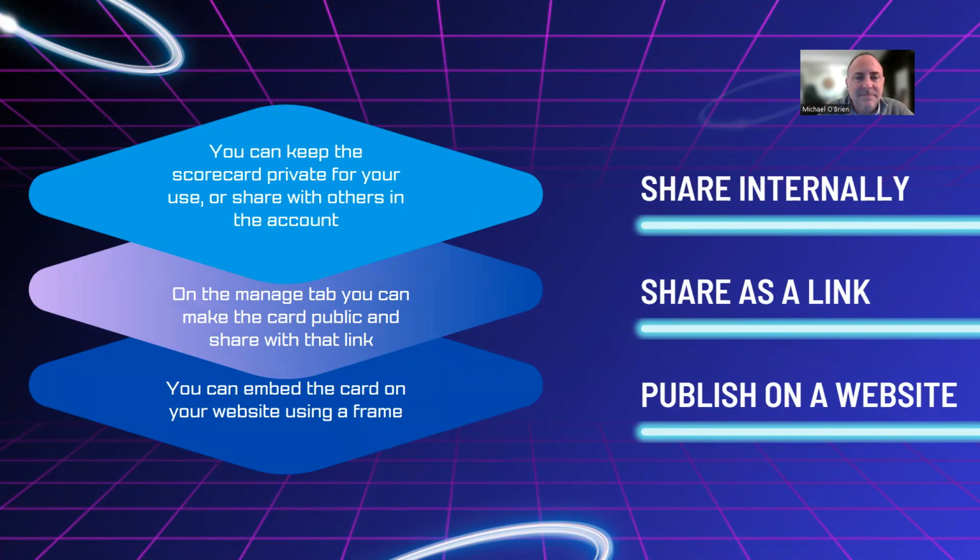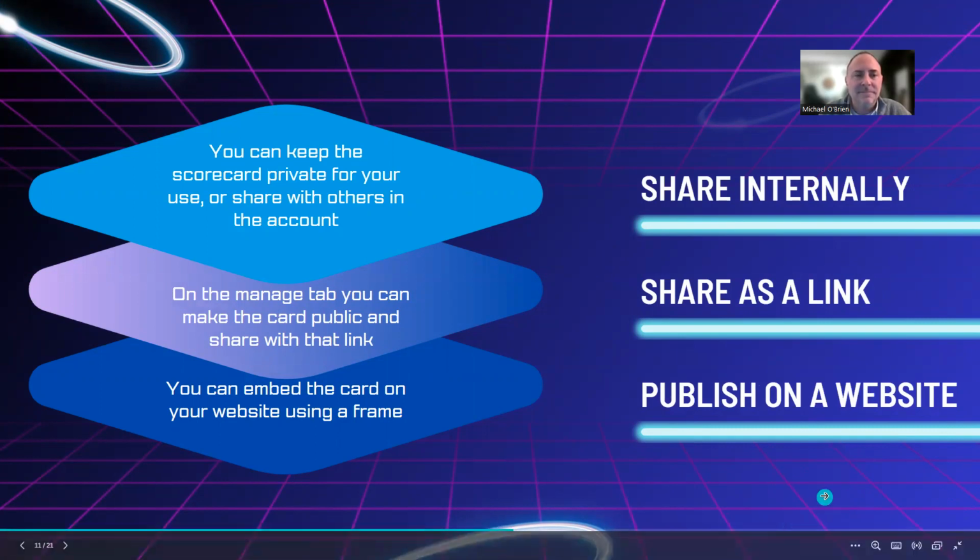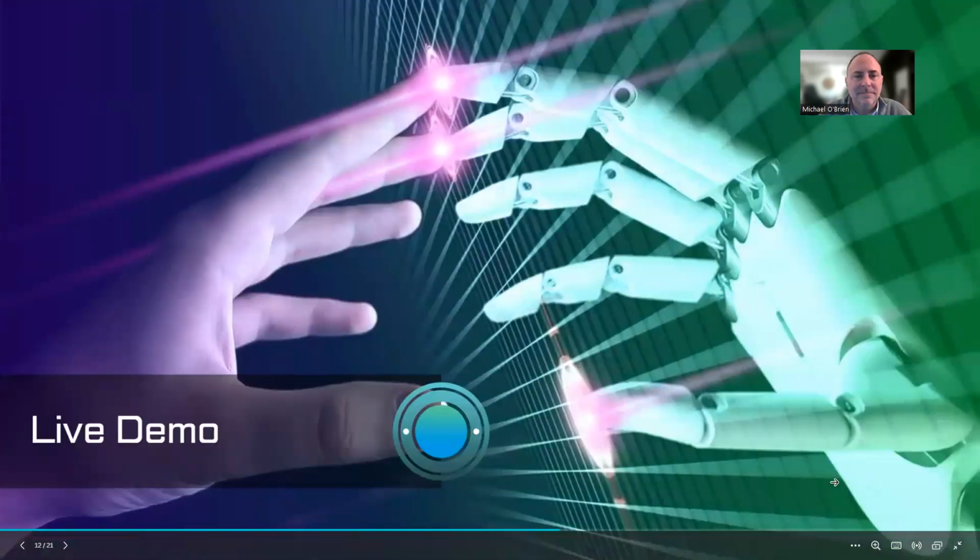Or you can embed it right on your website. The two examples I showed you were people who had put it right on their website, so you go to their website and there it is. So anywhere from completely private to completely open for the public to see. And if you put it on your website, you could put it where only your members or only employees can see it. That's up to you.